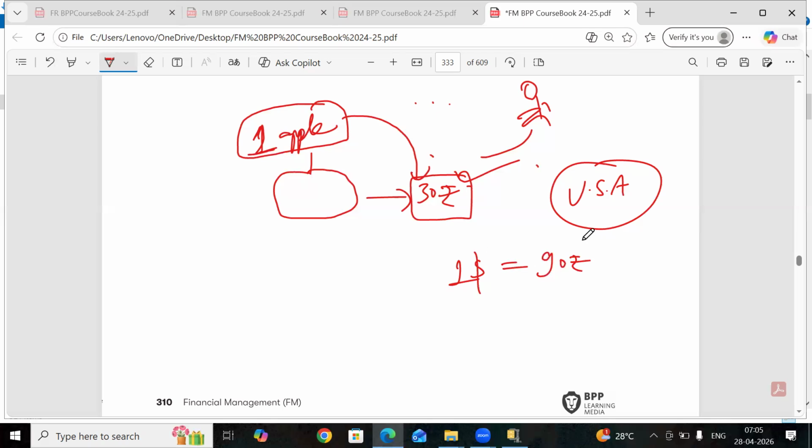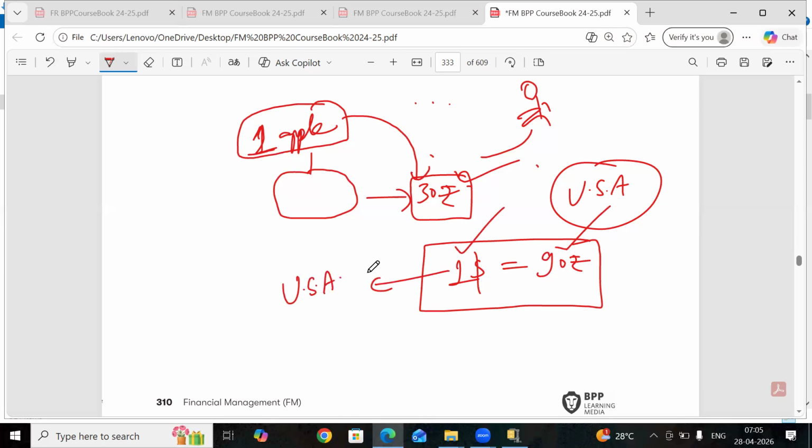So this creates an exchange rate that shows, yes, in reality, you can buy money of other country with money of your country. That means United States of America's currency can be purchased, or rather exchanged, with Indian currency.